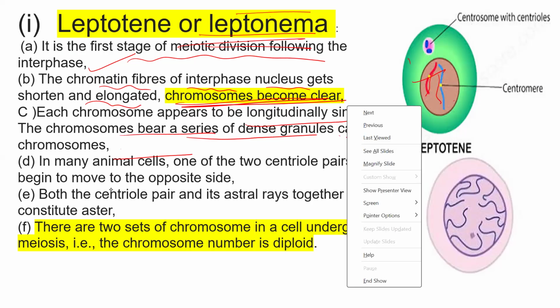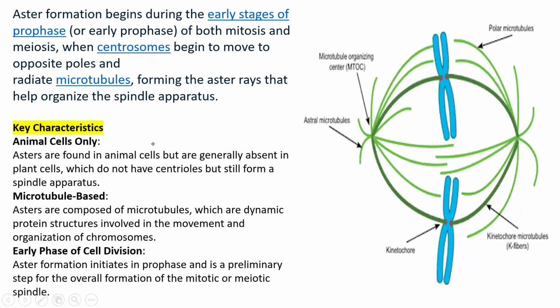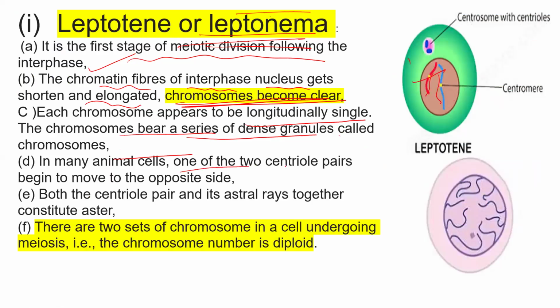In the animal cell, one of the two centriole pairs begins to move to the opposite poles. Look at the image.